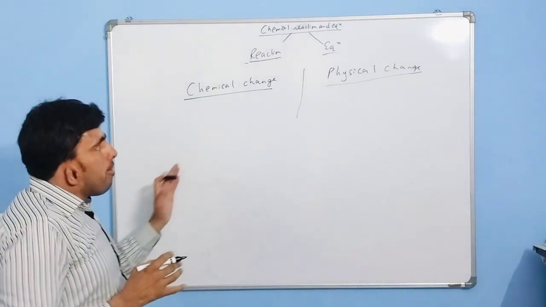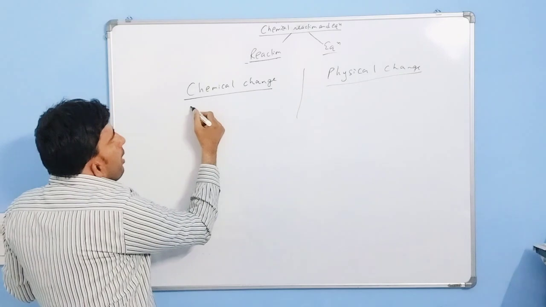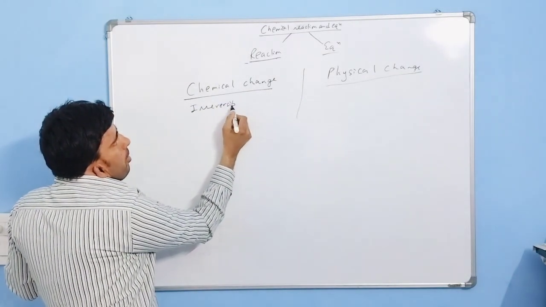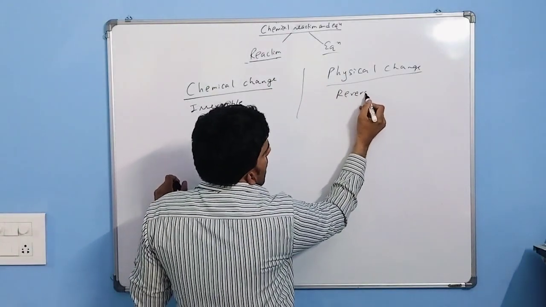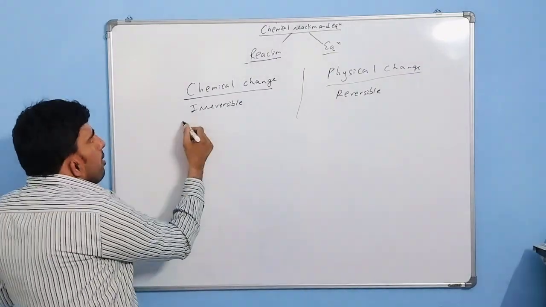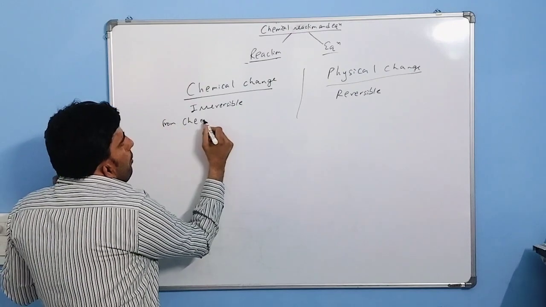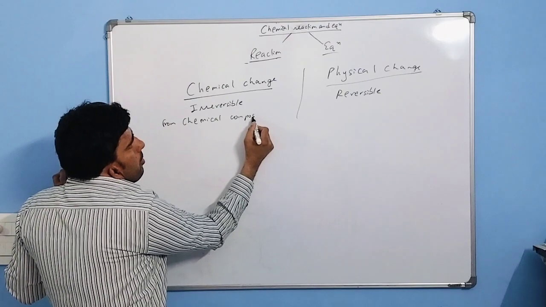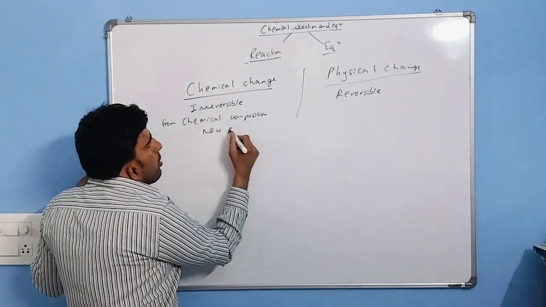First thing, what we have seen from these reactions is that they are irreversible. But physical changes are reversible. And here, in chemical composition, a new product is formed.